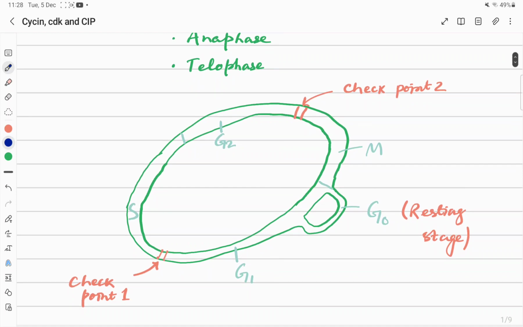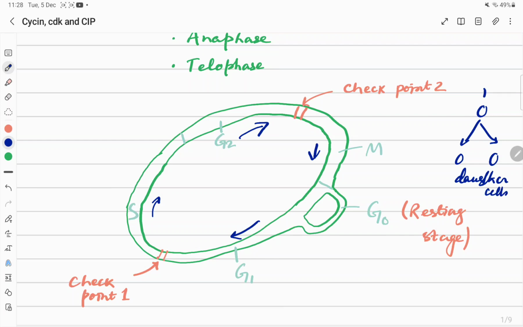So one cell undergoes G1, then S, then G2, then finally mitosis, and one cell will become two cells. So one parent cell becomes two daughter cells.